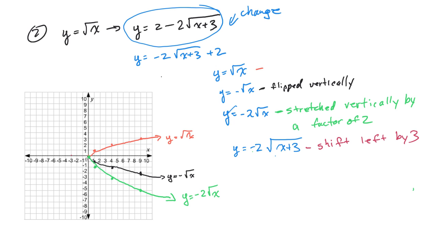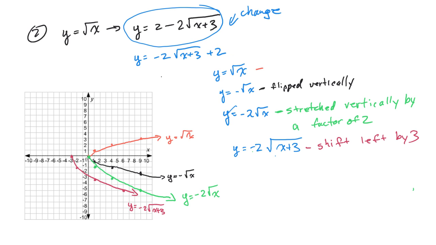So there's my first point, 0 goes to negative 3. Then I count 3 over from the next point, 1, 2, 3. And 3 over from this point, 1, 2, 3. And 3 over from this point, 1, 2, 3. And now we can graph, and you can state what your graph is: y is equal to negative 2 root of x plus 3.